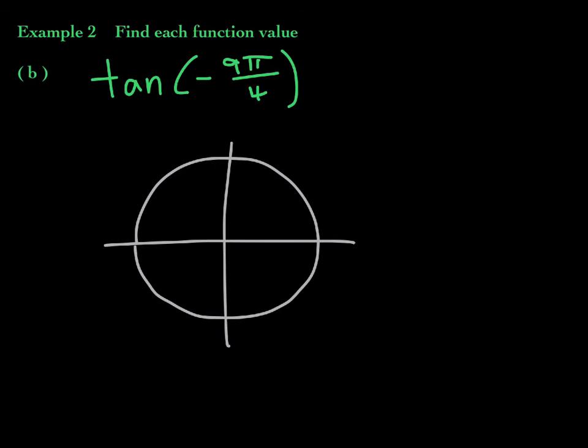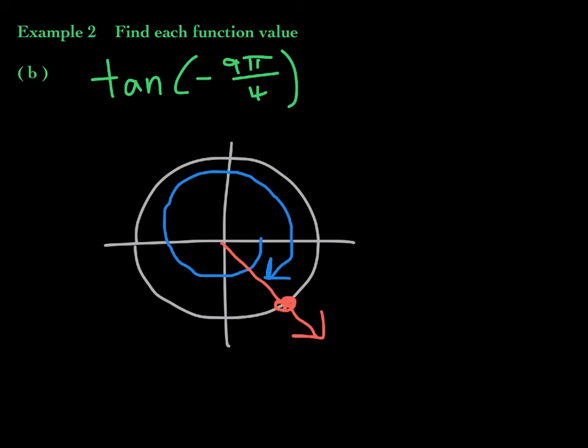This much is negative 1 pi over 4, negative 2 pi over 4, negative 3 pi over 4, negative 4 pi over 4, negative 5 pi over 4, negative 6 pi over 4, negative 7 pi over 4, negative 8 pi over 4, negative 9 pi over 4. Here it is right here, folks. The angle is something like that. There's negative pi over 4, hitting the unit circle right there.